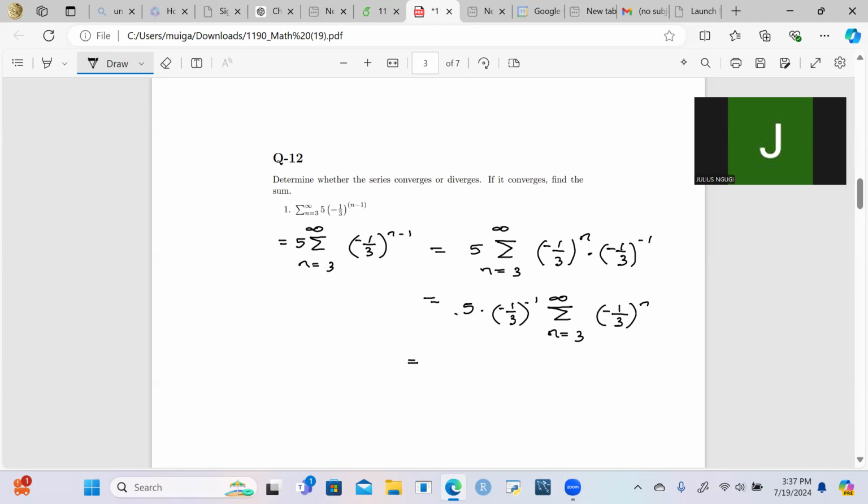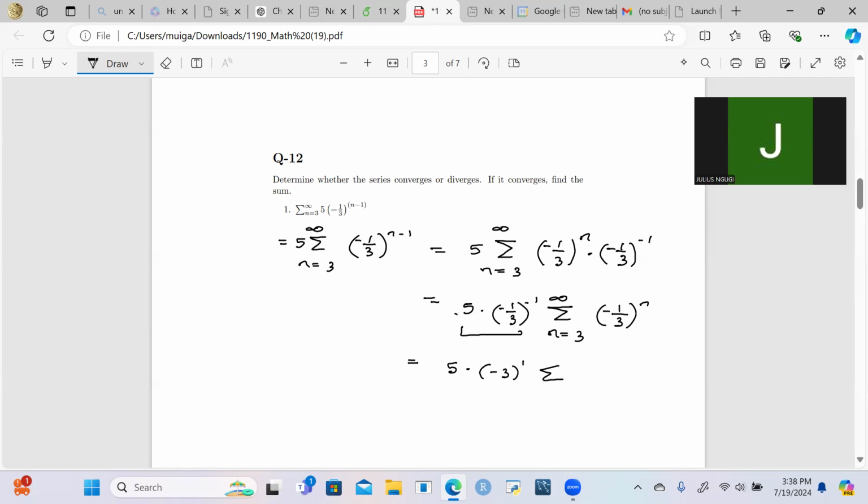So we observe that this part becomes 5 times. To drop the minus, I will flip whatever is inside the parentheses to get times minus 3, and that's when the power becomes 1.